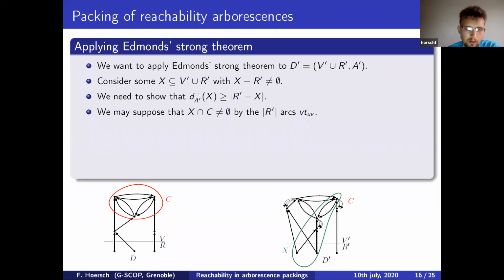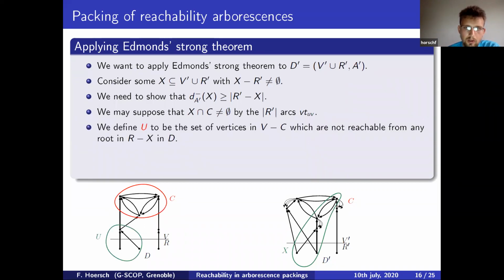Okay, so firstly, I look at all the vertices in D which are not in C, and I say, are you reachable from any root that's not in X? If they are reachable from any root that's not in X, I will not put them in that set. And if they're not reachable from any root that's not in X, I will put them in that set. That I call U.